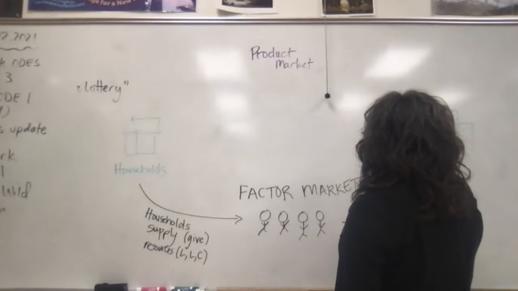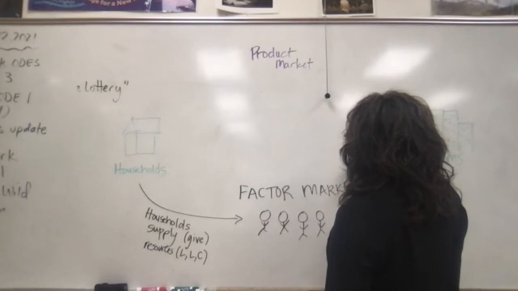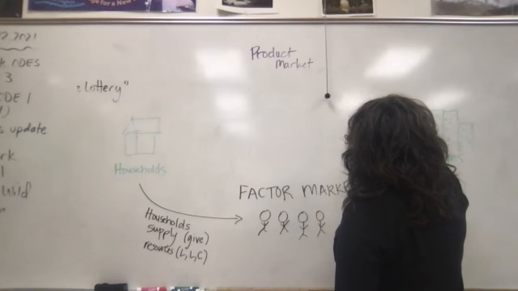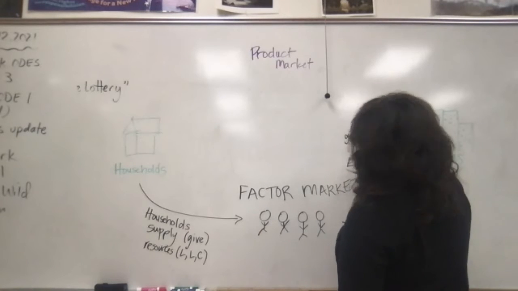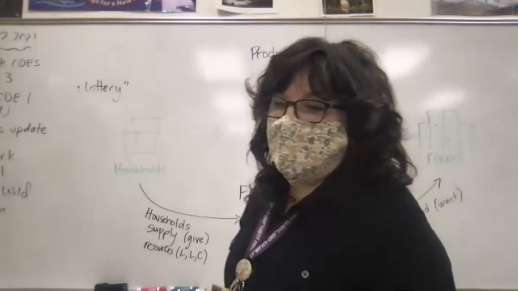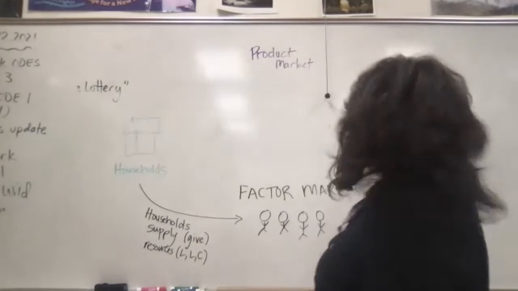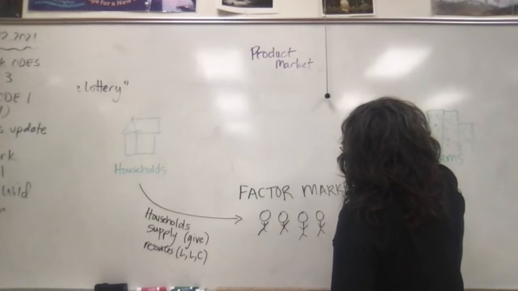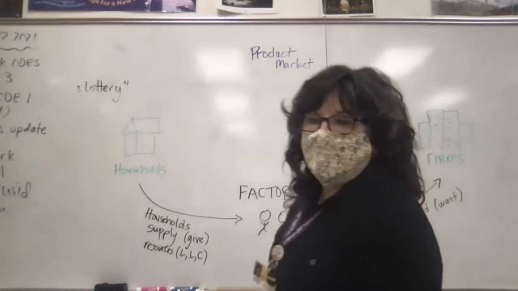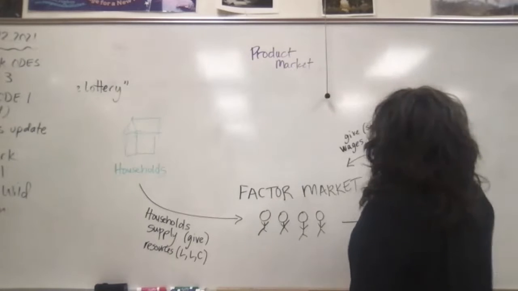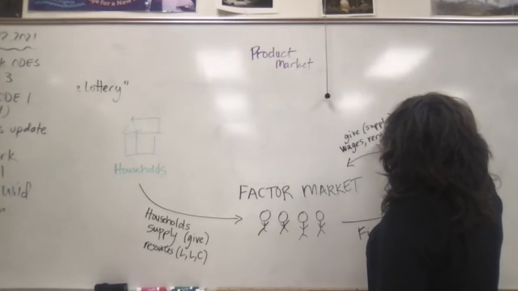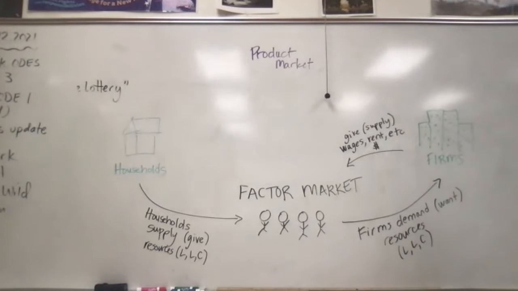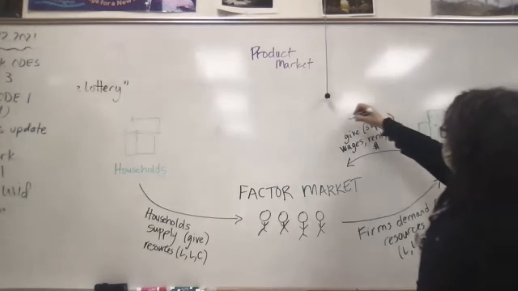What happens in this circular flow over here? Now the firms, they give or supply wages. Wages, we might say rent. What other things? Etc. I'm just going to put money, okay? Firms.